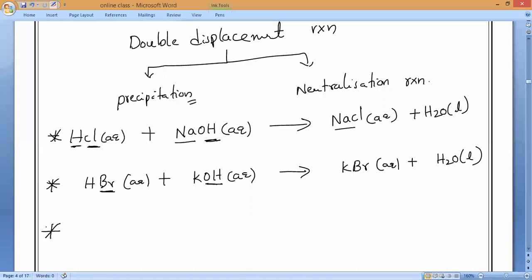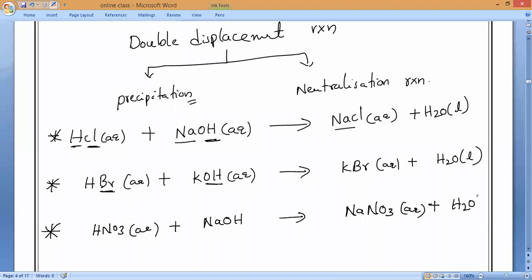Now, if you want one more example, HNO3, nitric acid, reacting with sodium hydroxide, NaOH, will give you NaNO3 plus, this is salt. Sodium nitrate is salt.